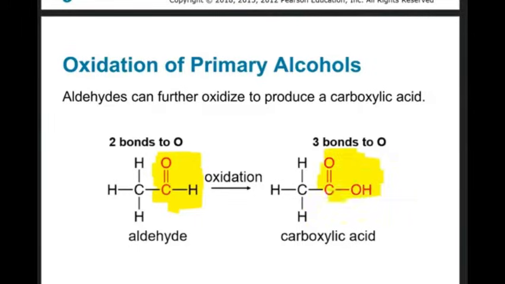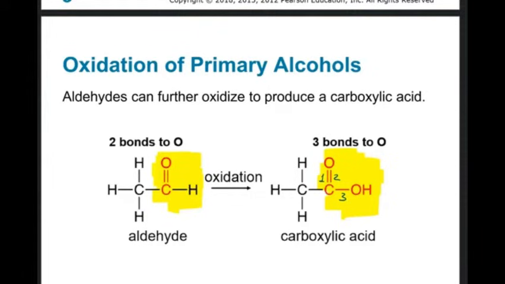Now look at this group. How many bonds between carbon and oxygen? Like seriously, we're counting. 1, 2, 3. Oh, I misheard you. Sorry, my dude was not directed at you, it was directed at the group. Okay?